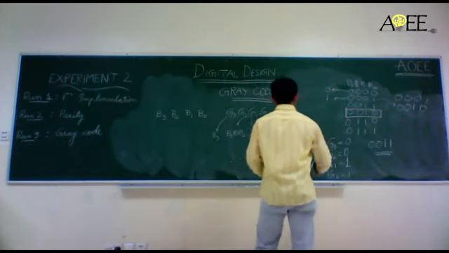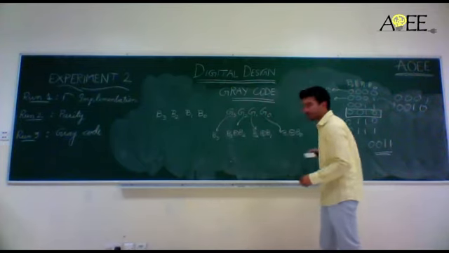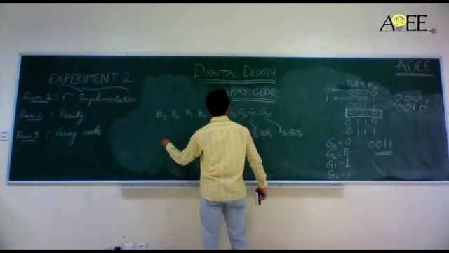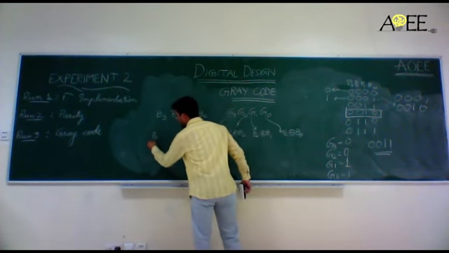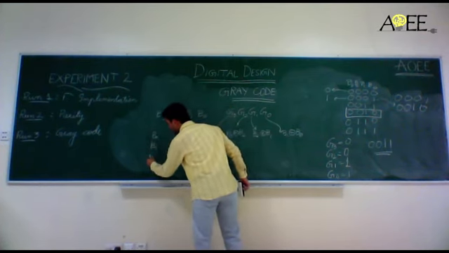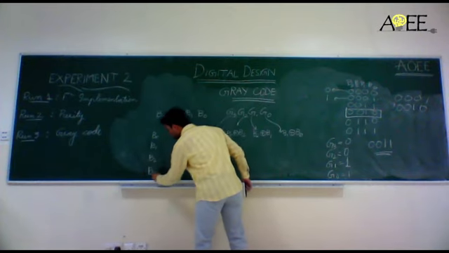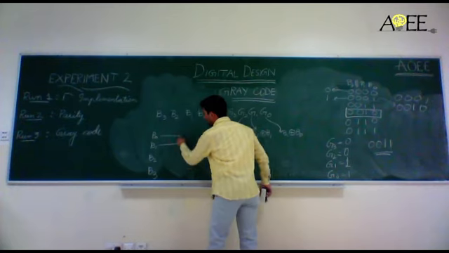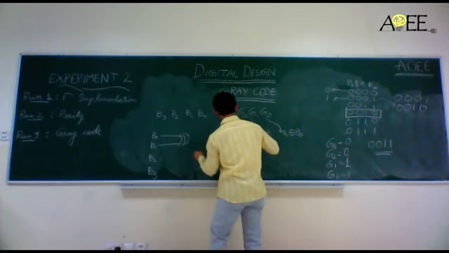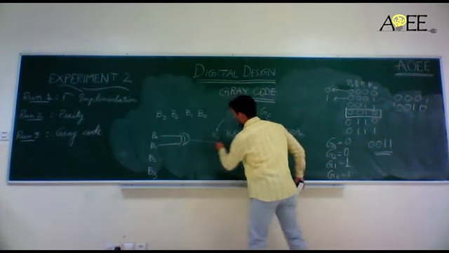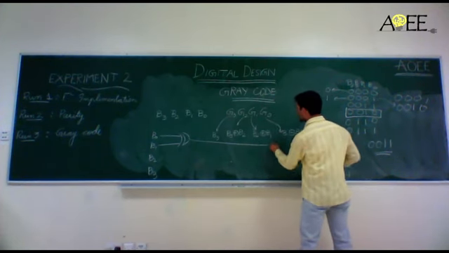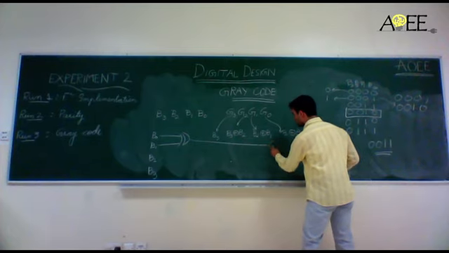Now, the standard logic using this formula for generating gray code is as follows. If I have 4 inputs B0, B1, B2 and B3, then B0 and B1 XOR gives me G0.